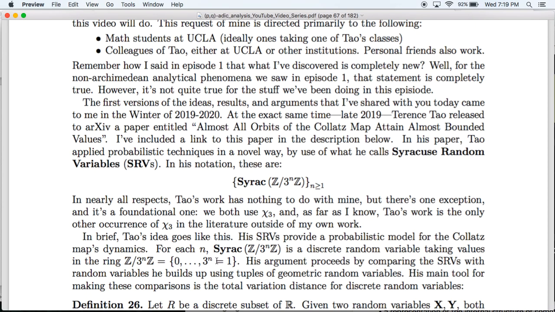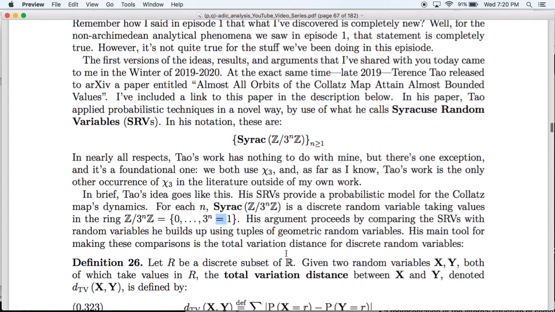This should be a minus, which we can treat as a ring, but we can also just treat it as a set. And what his argument does is compare the SRVs to random variables that he builds up using tuples of geometric random variables. His main tool for making this comparison is the total variation distance for two discrete random variables.